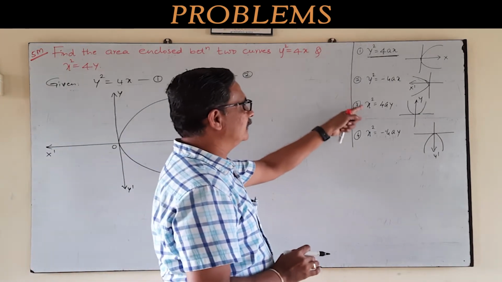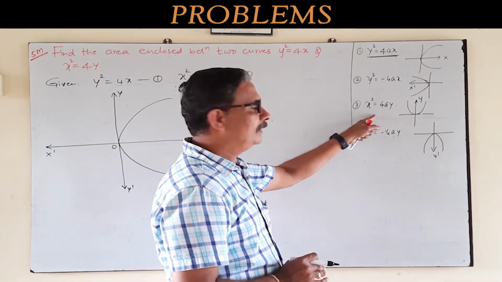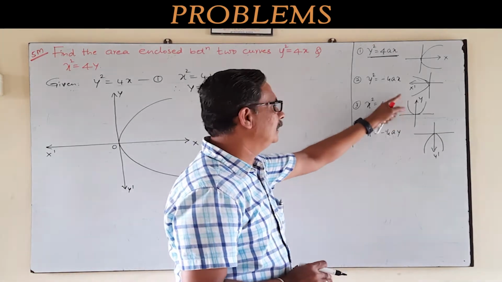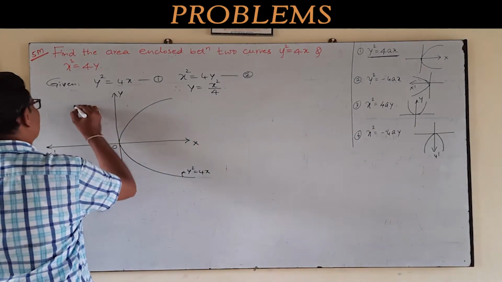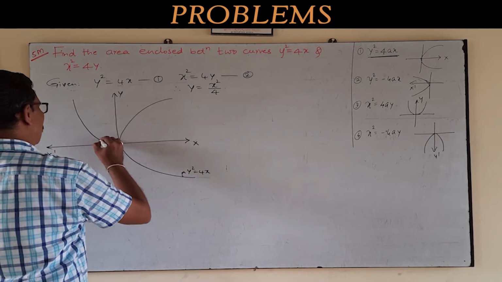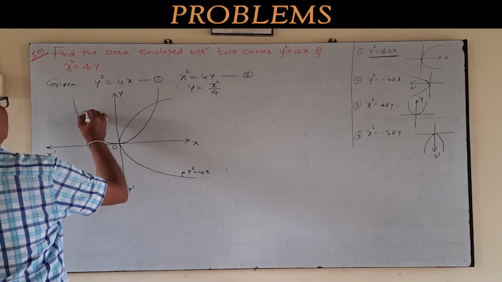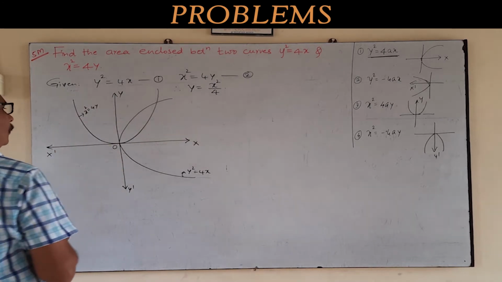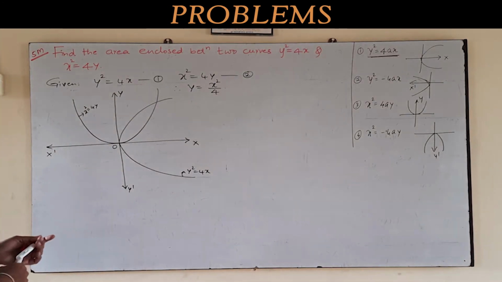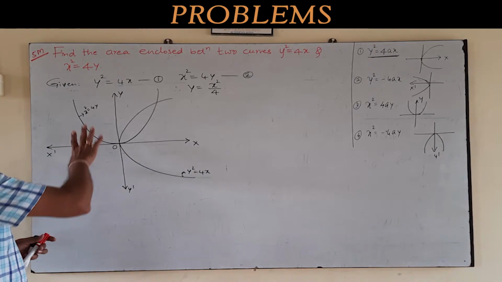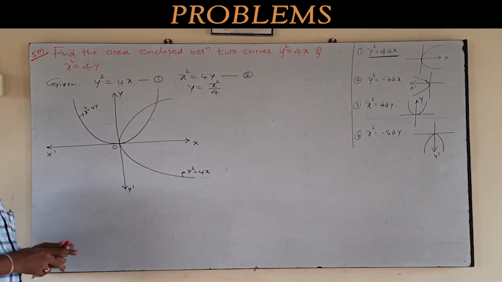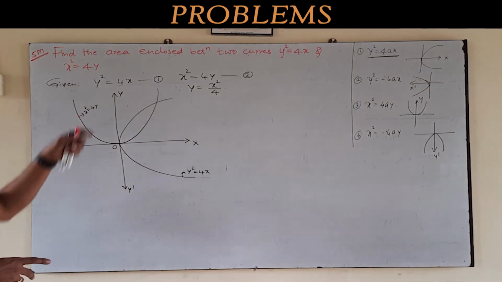I think it is in the form of type number 3, that is x square is equal to 4ay, so the curve lies on the positive direction of the y-axis. Now observe those two curves. The question is to find the area enclosed between these two curves.